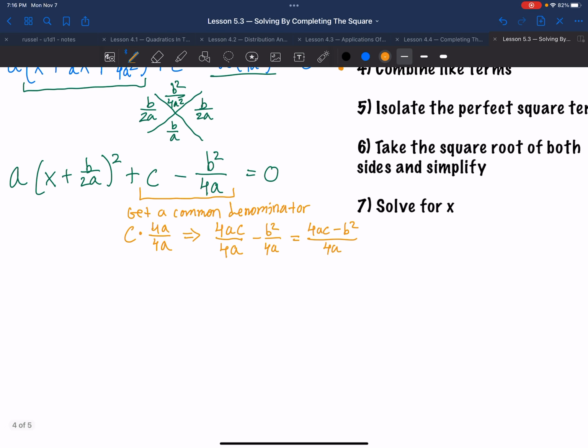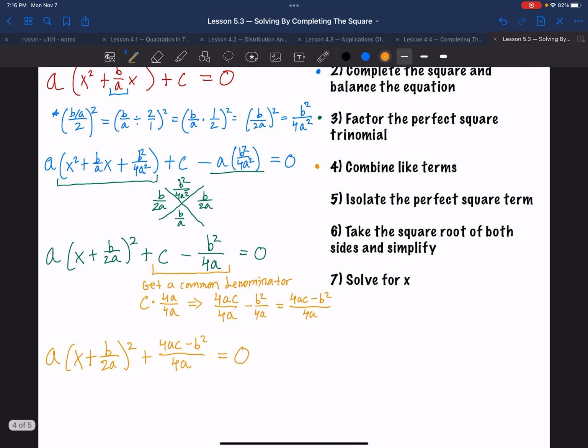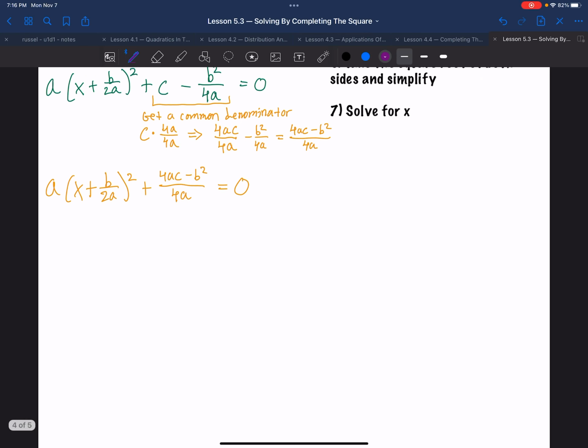So, now that I have these combined, I can write A times X plus B over 2A squared plus 4AC minus B squared over 4A equals 0. Now we want to isolate the perfect square term. So let's choose yet another color. Let's do purple.